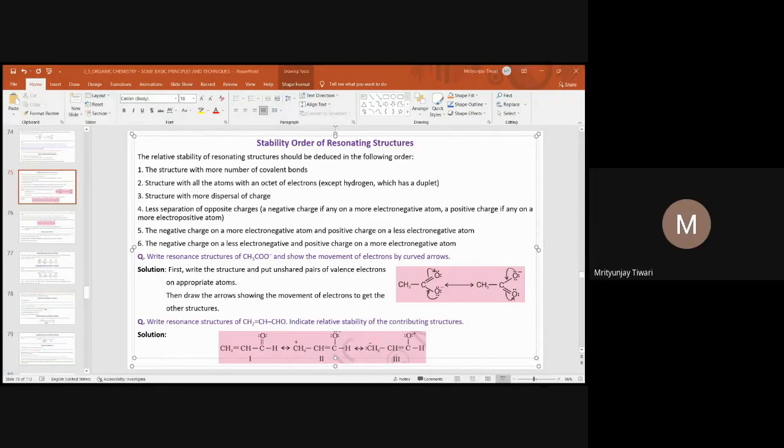This electron displacement makes certain positions in the molecule of high electron density. If you see this position and this position in this structure, they have high electron density, and if they have high electron density, they will be attracted towards a positively charged or electron deficient species, and so a certain reaction will happen.